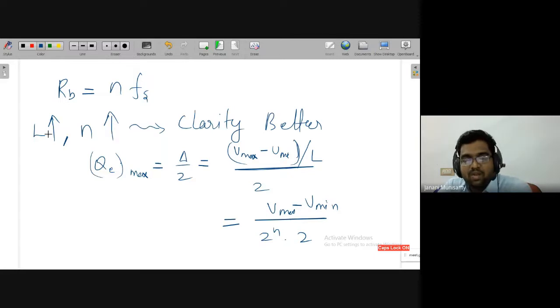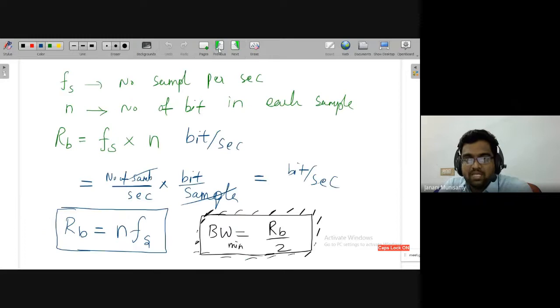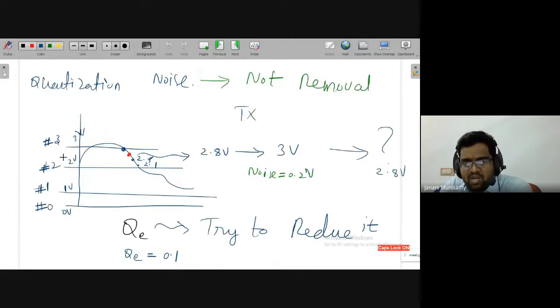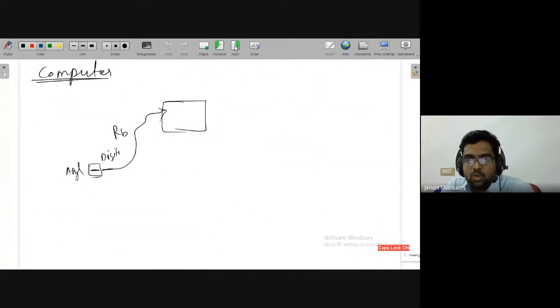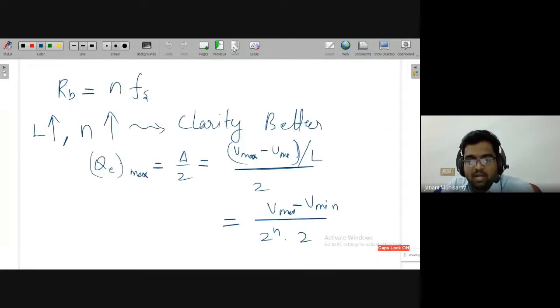Just from common sense and from the diagram you can understand, when you increase the number of levels, error will reduce, ambiguity will reduce, confusion will reduce, so clarity will increase. But what is the other problem here? When you increase n, RB will increase.